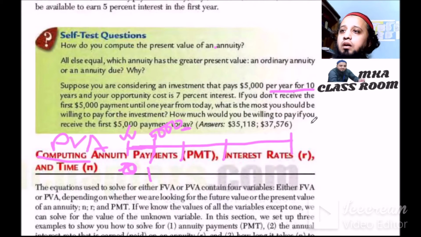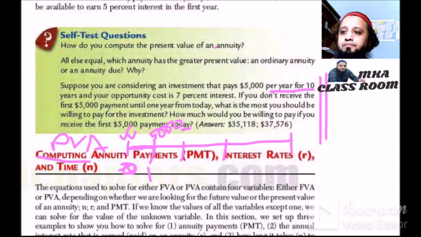We can solve this problem by the use of a timeline, a formula, or a financial table. Any one of these you can use.